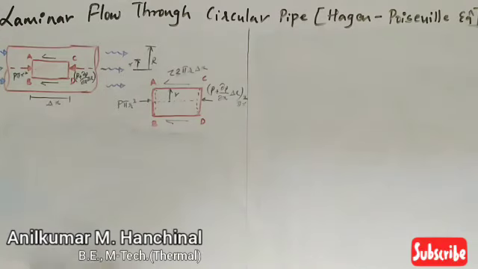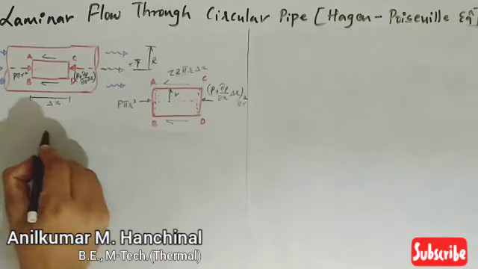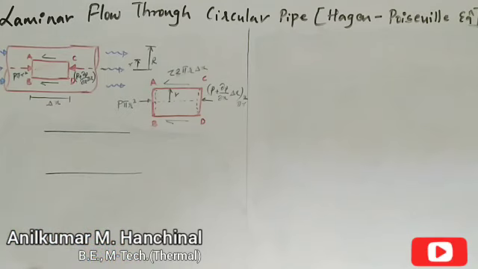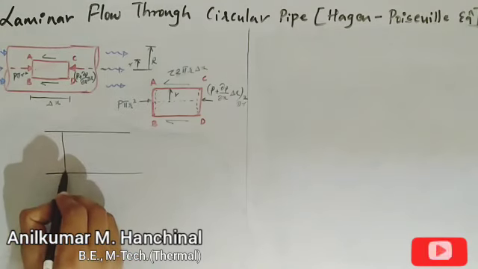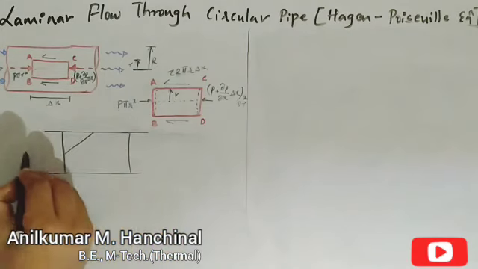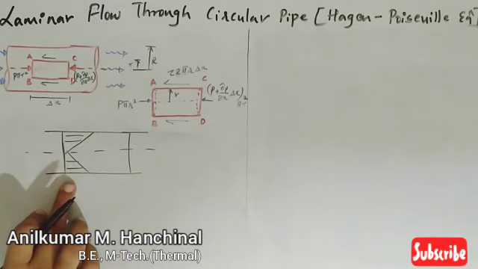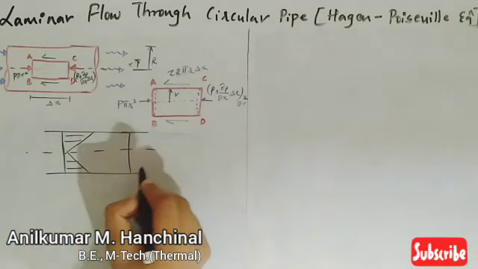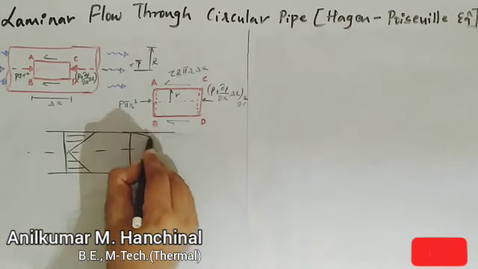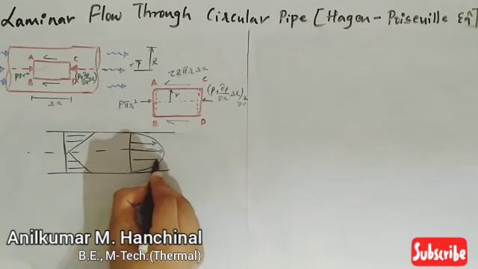The representation of shear stress and velocity distribution in a pipe will be like this. This is the shear stress distribution, and the velocity distribution will be parabolic in nature.